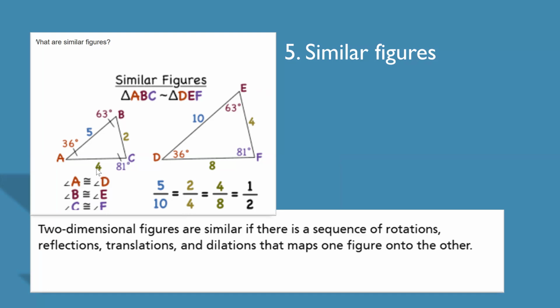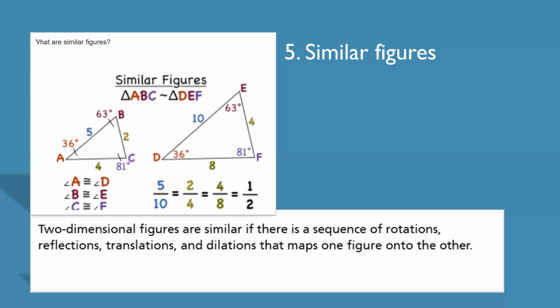If you take 4 out of 8, it also gives me 1 out of 2. So when we take sides over sides, all of them give me the same rate or the same fraction. In this case, we call them similar, because similar shapes are the shapes after dilation. So not the same sides, not the same size, but the same angle. Angle the same, but not the same area.